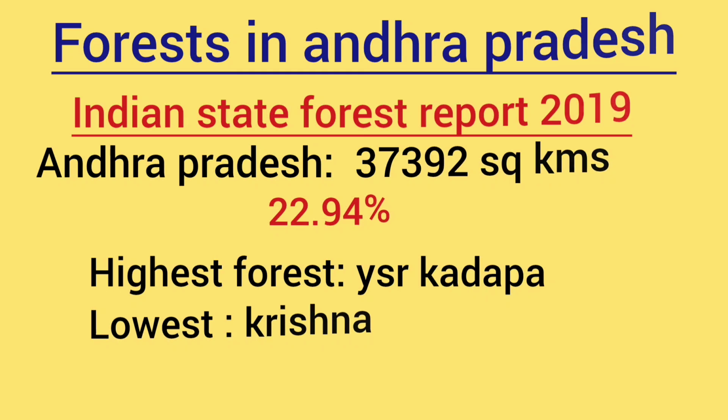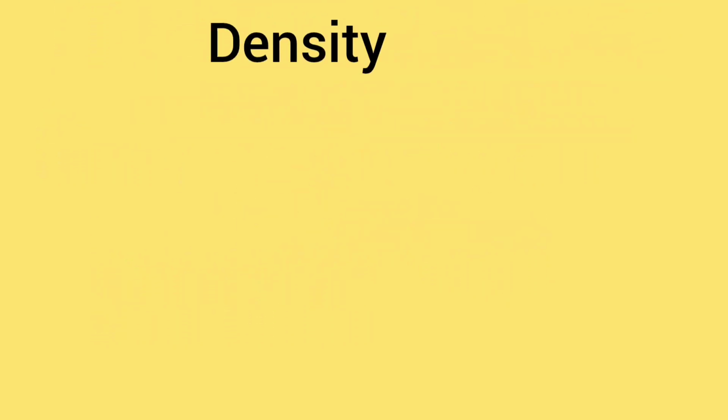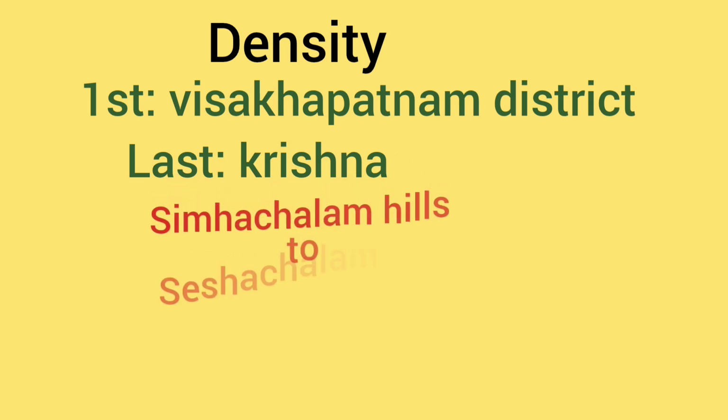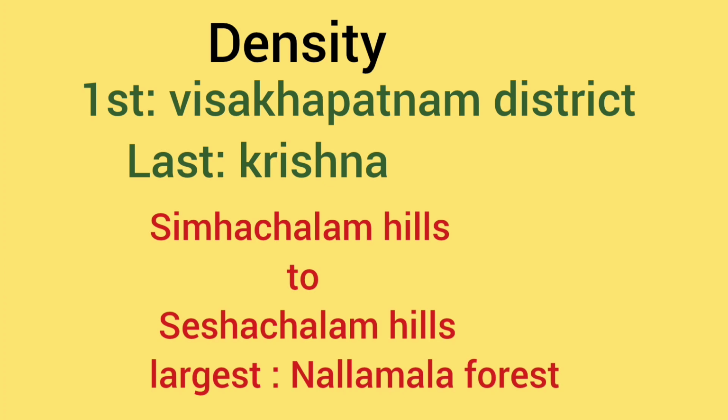In terms of density, Visakhapatnam district is in the first position and Krishna is in the last position. The forests in Andhra Pradesh extend from Simhachalam Hills in the north to Seshachalam Hills in the south. Nallamala forest is the largest forest in Andhra Pradesh.